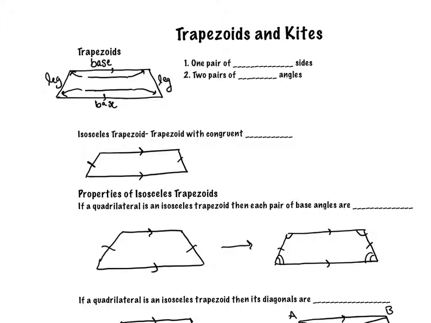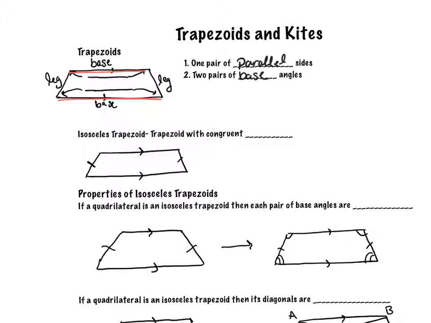A trapezoid has one pair of parallel sides and two pairs of what we call base angles. If I look at this trapezoid diagram over here, I have the parallel sides, these red sides that I'm going to highlight.